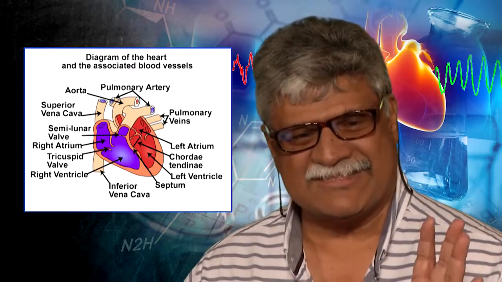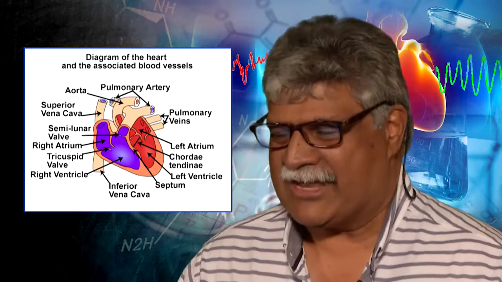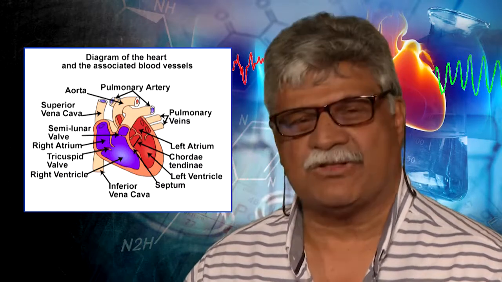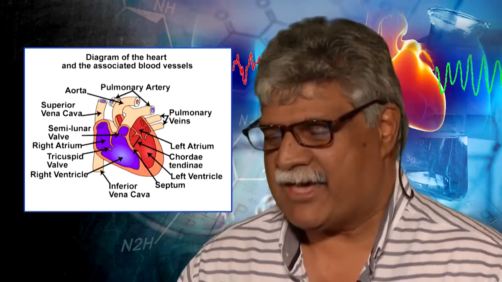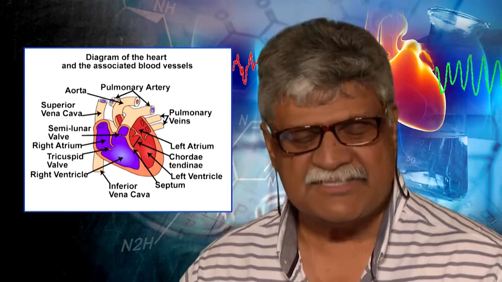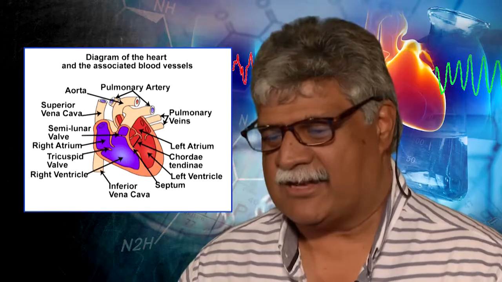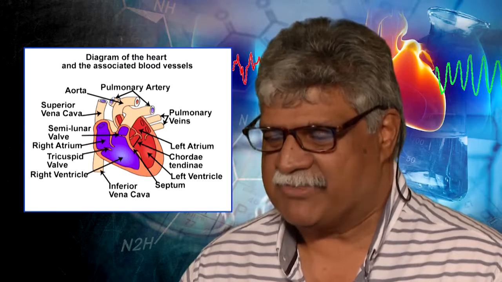Can you see that it's from atrium and from ventricle? And in particular, this valve on the right-hand side is called the tricuspid valve. It's given a specific name. And all it means is that tri means 3. So it has 3 cusps or flaps. And these cusps or flaps form this valve.